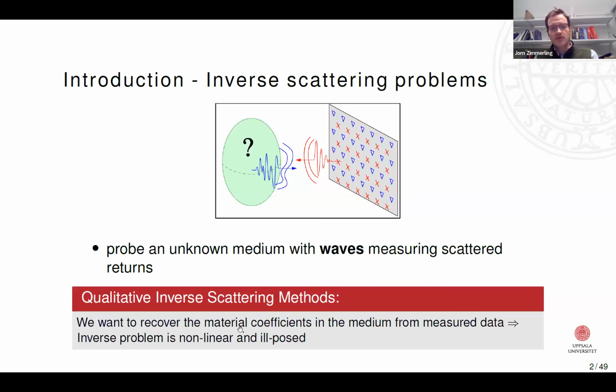These problems are inverse problems. They're typically nonlinear and ill-posed. The ill-posedness here typically doesn't come from non-uniqueness, because if we've measured a material, we're pretty sure it exists. But it comes from the fact that small perturbations in your measured data can have a very large effect on the estimated medium.